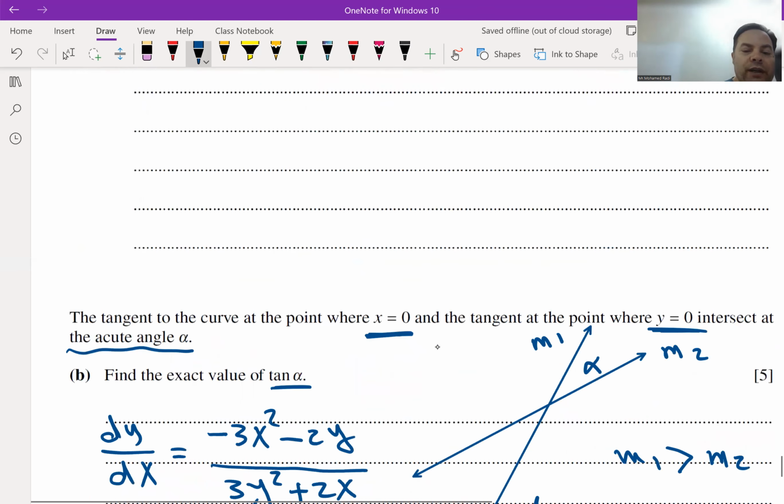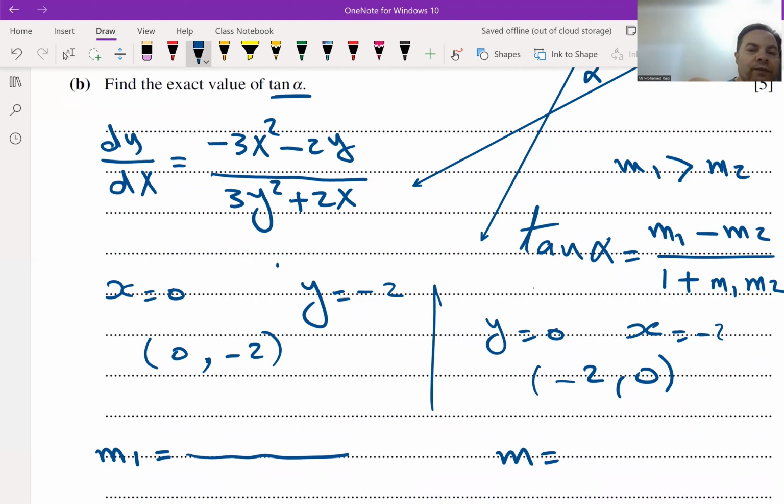Now, we'll find M1, the gradient at 0 and negative 2, and the gradient at negative 2 and 0. Substitute x equals 0 and y equals minus 2: it will be 4 divided by 12.